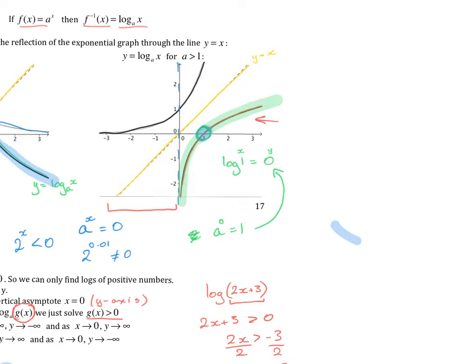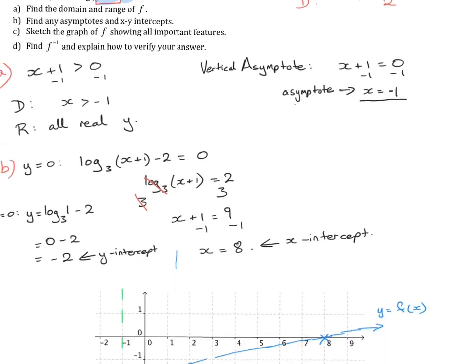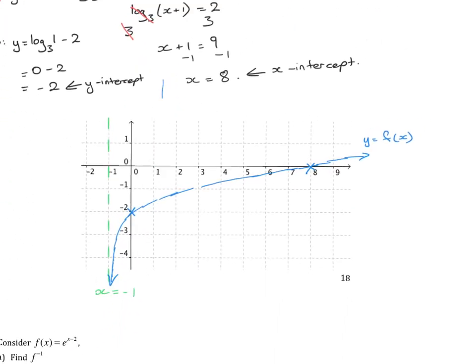But that's moved down 2 units and left 1. So that's why we have a y-intercept at negative 2. That's where it's moved to. So I just wanted you to appreciate the transformations that are happening here, which is why it looks the way it looks. It goes with everything else we've done with transformations.